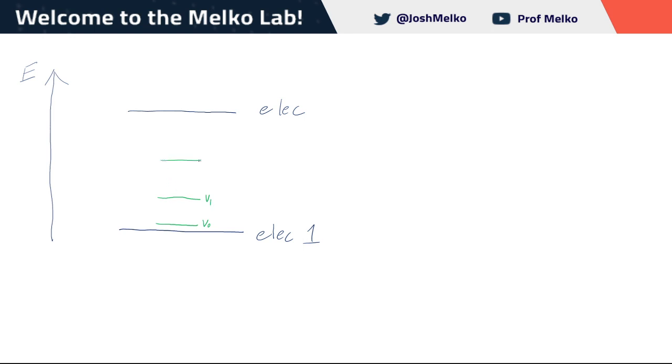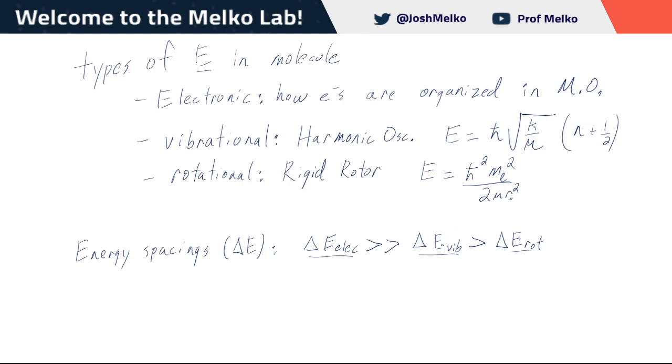And if I continue to pump energy in, there should be another equally spaced level here, and so on and so forth, V3, V4, etc. So for this given organization of electrons, the nuclei here are vibrating back and forth, but the amount of this displacement is what's increasing when I pump these vibrational states going up in energy. So that is vibrational states.